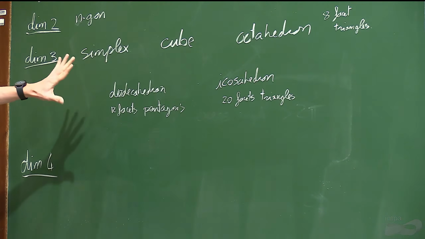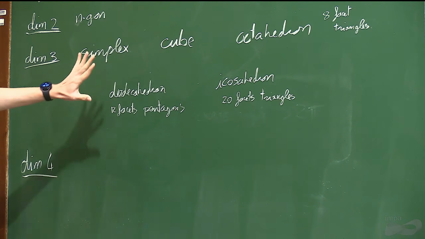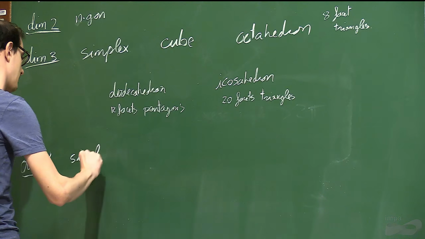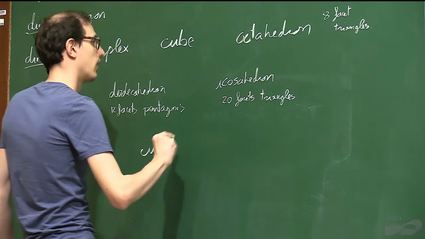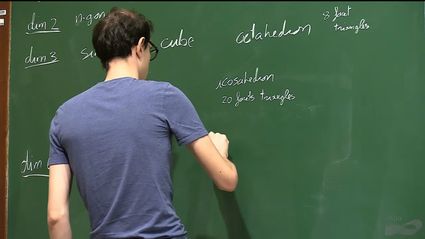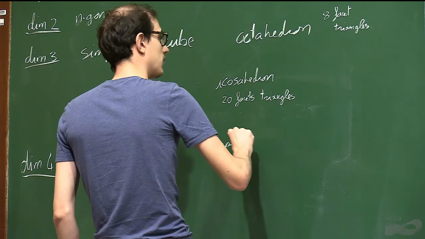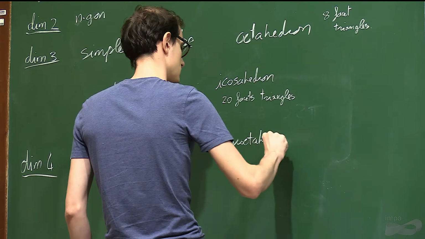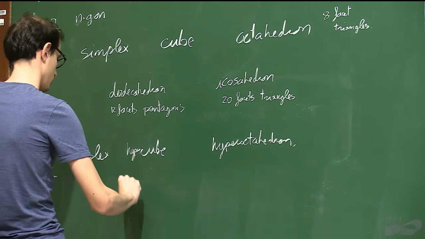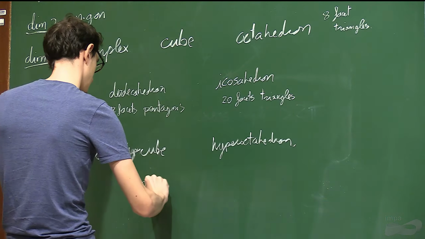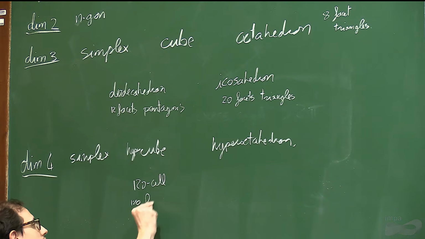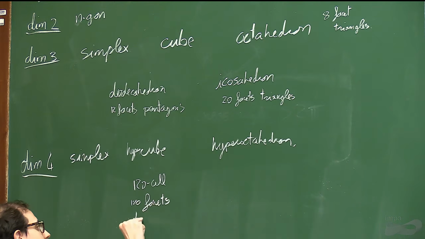So we have the simplex, the hypercube, the hyperoctahedron, and we have the so-called 120 cell, which is a polytope that has 120 facets, which are all dodecahedra.